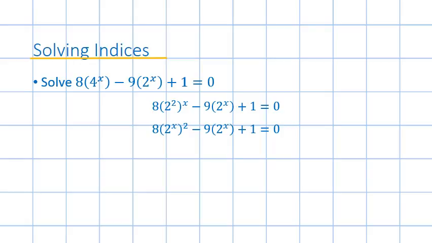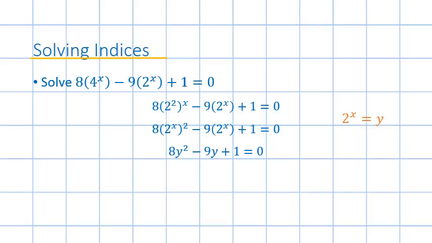A trick here, which will come up again in Core 1, 2 and 3, is to change that thing to a letter. So I'm going to call 2 to the x equal to y. If I call it y rather than x, then I won't get confused. That gives me 8y squared minus 9y plus 1 equals 0. Just remember that you have made your y as 2 to the x.